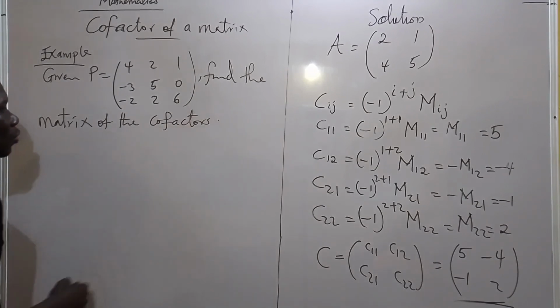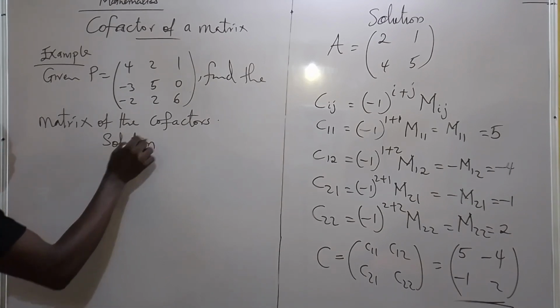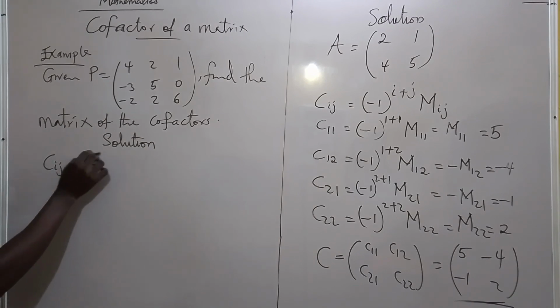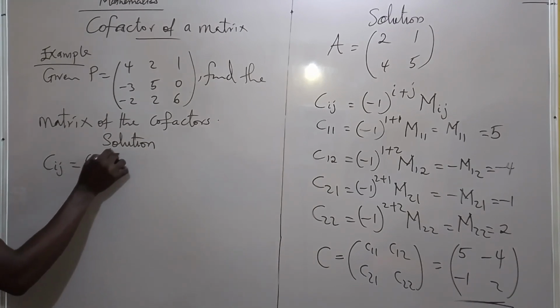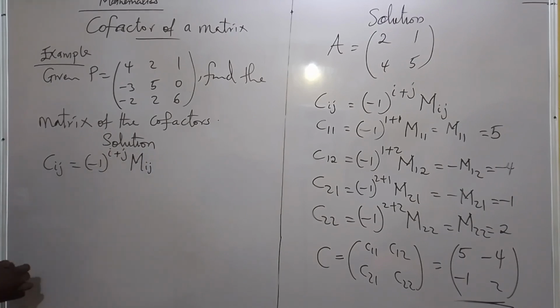Matrix of the cofactors. So now solution to this. Now don't forget the cofactor is defined Cij equals minus 1 to the power i plus j, then the minor corresponding to each element of the matrix.